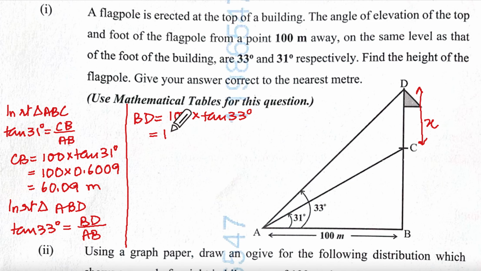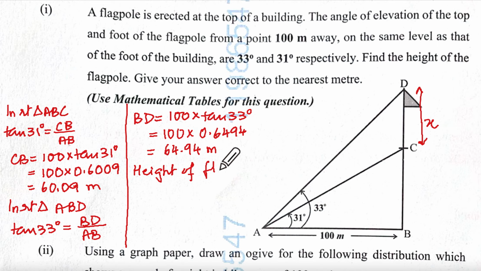Could you give me that also, please? 0.6494. Very good. Thank you. So 64.94 meter. Now the height of the flagpole.